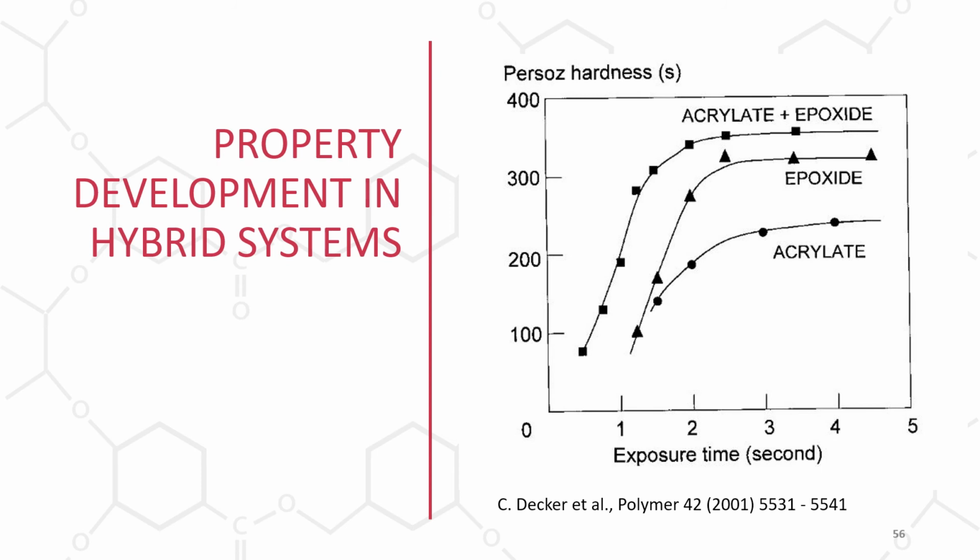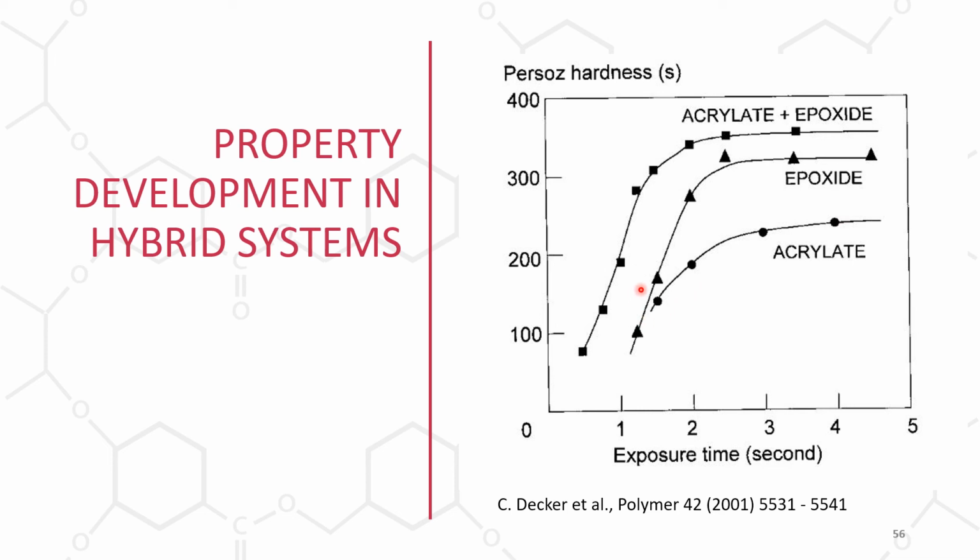Here's some very interesting work that was done years ago by Christian Decker and his team on properties of various hybrid systems. In this series of experiments, he was measuring the Persoz hardness and exposure time. We see here a simple acrylate system gave hardness roughly close to 240 or so on the Persoz scale.